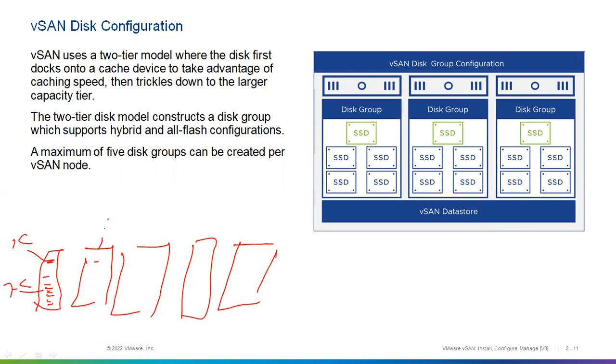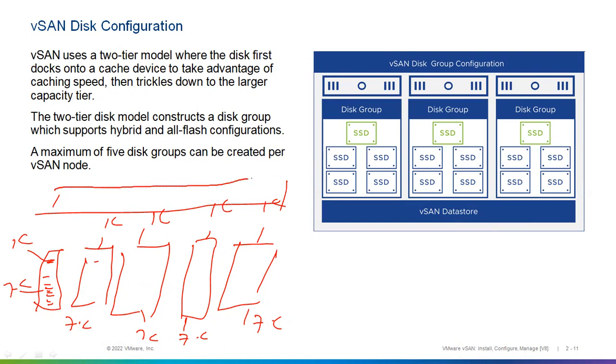Same way here, 1 cache, 7 capacity, again and again. But as I said, if I am leveraging it on one host, the same configuration should be available on the rest of the hosts as well.